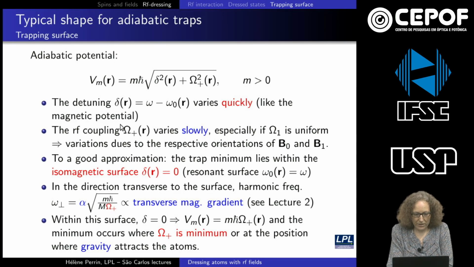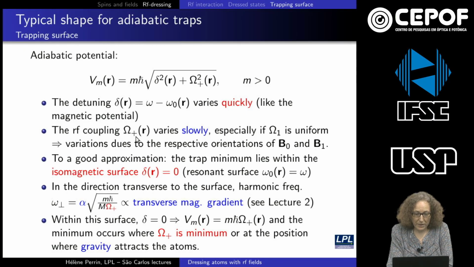So let me now summarize a little bit what we have learned and give you the typical shape of these adiabatic traps in the more general case. So we consider this adiabatic potential, and we will restrict ourselves to low field seekers with a positive value of m. The detuning delta, which is directly given by the Larmor frequency, varies quickly, as fast as the magnetic potential itself.